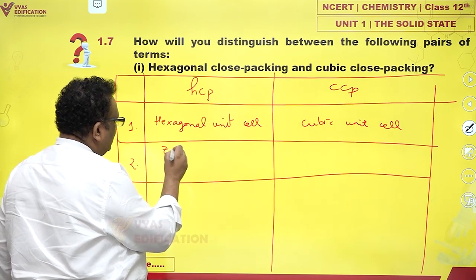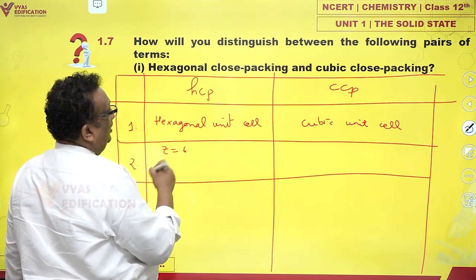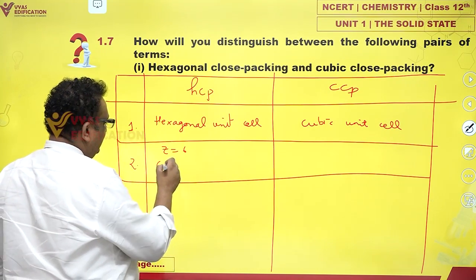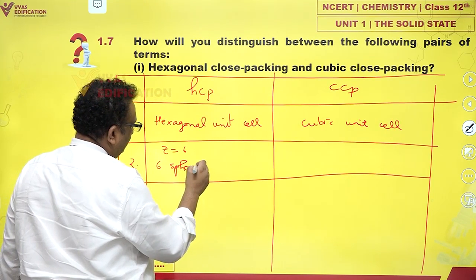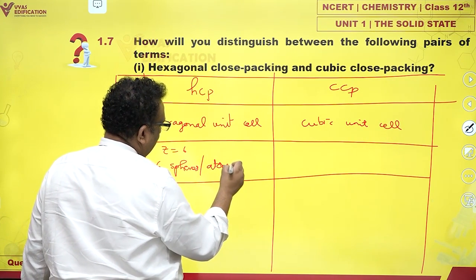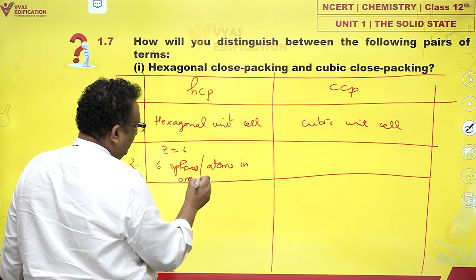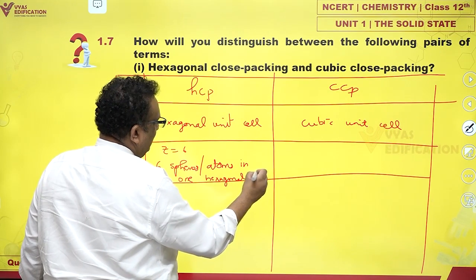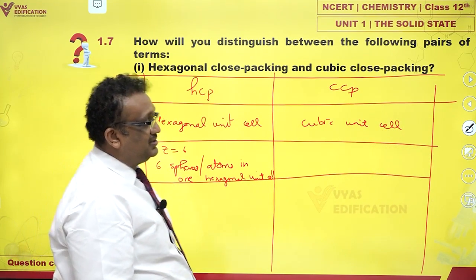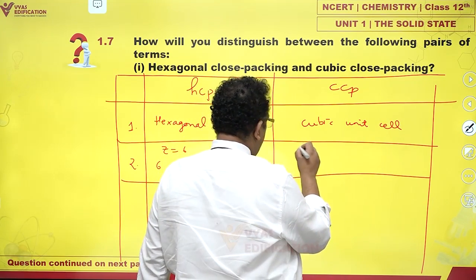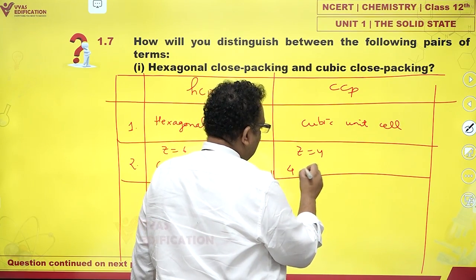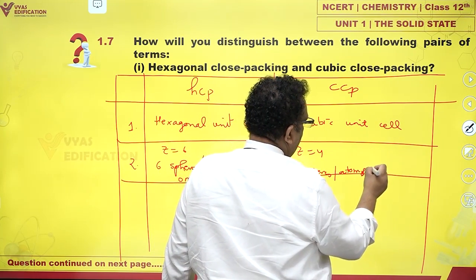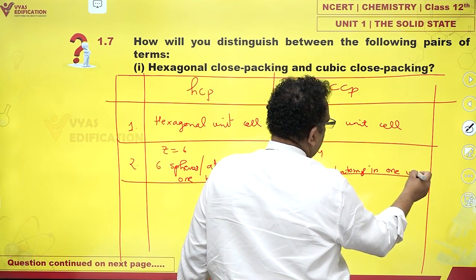So Z is equal to 6, or 6 spheres are present. 6 spheres or lattice points or entities in one hexagonal unit cell, and in this case only 4 spheres, atoms, in one unit cell.